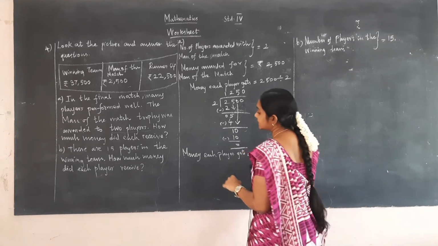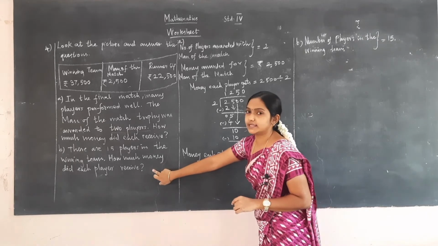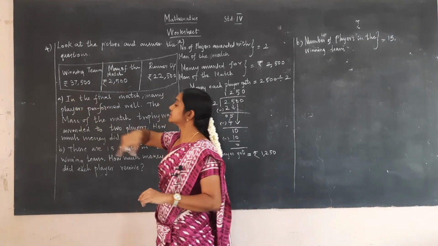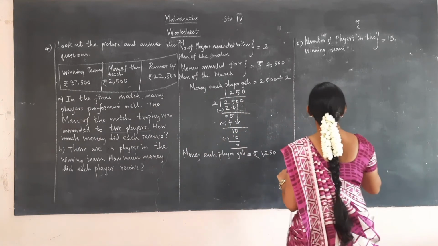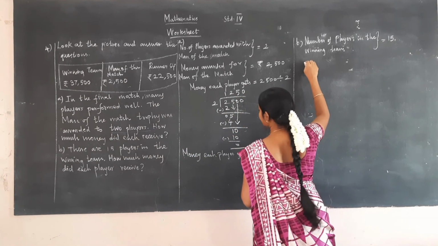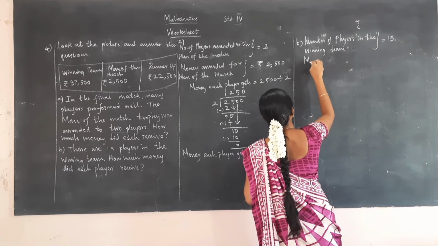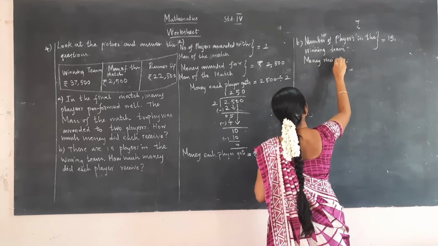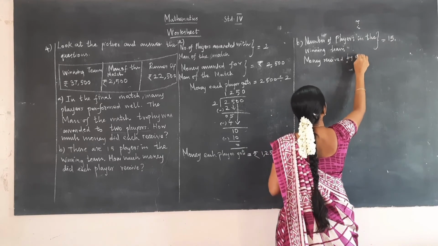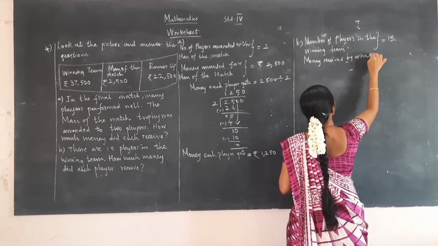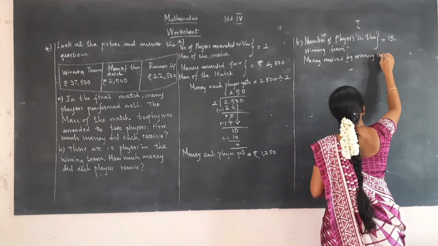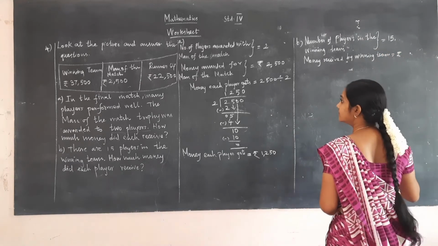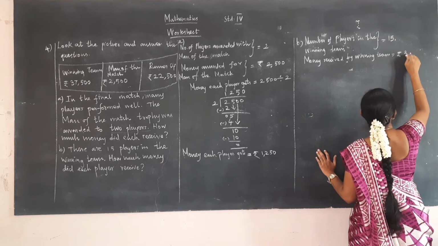We have to find how much money each player received. Money received by the winning team is rupees 37,500.